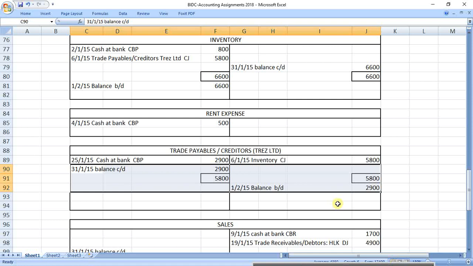Yeah, rent expense we didn't have to do anything. Trade payables, you had to. The trade payables was just the difference, so 2,900.